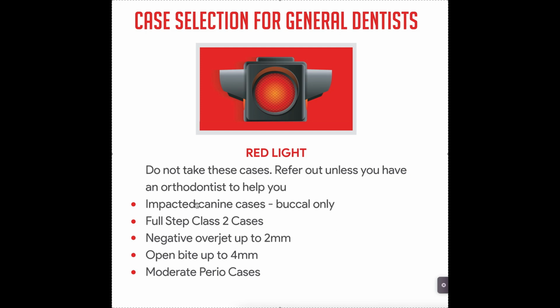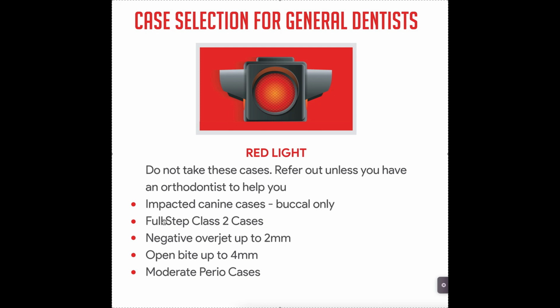Impacted canine cases, okay? You can take a buccal impacted canine case. How do you know it's buccal? Watch my impacted canine playlist to find out. Obviously, you probably have to get a CBCT too. Okay, not palatally impacted, buccal. Full step class 2 cases, especially kids that are growing, we can definitely deal with that.